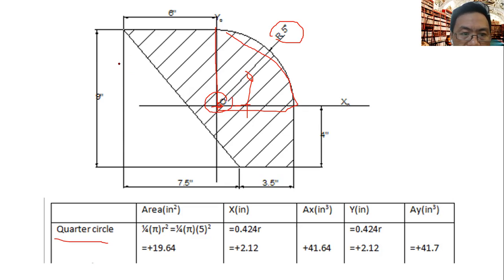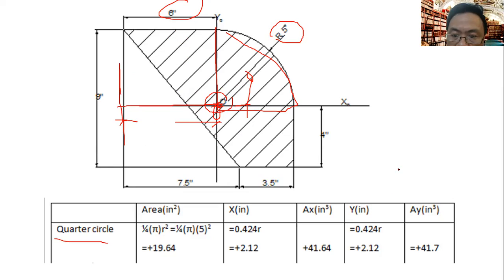If the reference of your centroid is coming from this height, we should add here. But anyway, it's easy to identify because it's 6. Once we have computed the centroid from this origin, we can just add 6.